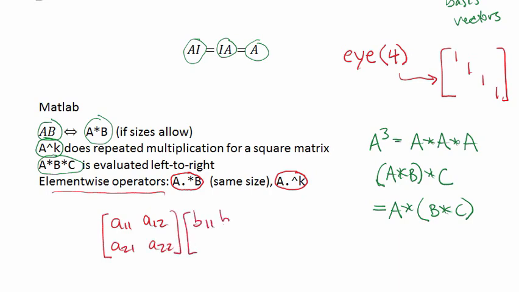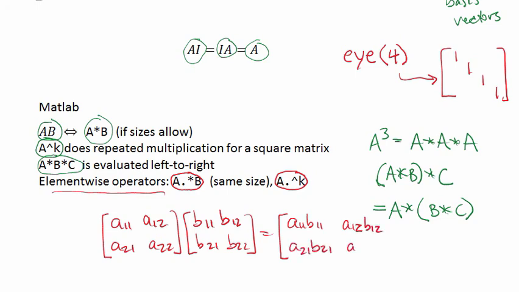It's a very simple kind of product where you just multiply the things that are in the corresponding positions. And for exponentiation, it's also defined the same way. You exponentiate each element of the matrix by the number.